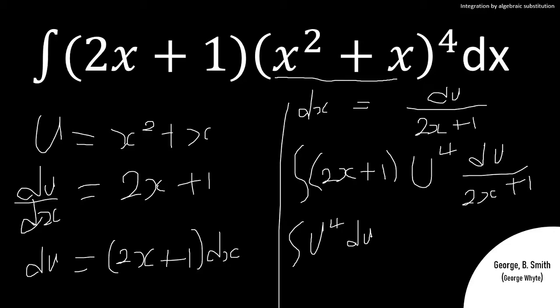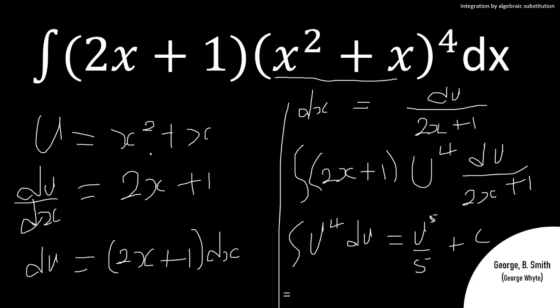If you integrate u raised to the power of 4, what you're going to get is u raised to the power of 5, then you divide by 5, and then you have your plus c. That's the result we have. But you can't leave your answer this way, because who knows the value of u? You're the one that substituted a value for u, so you have to replace that value.